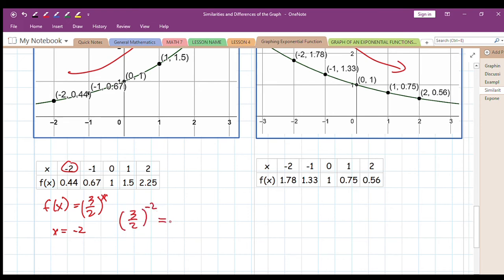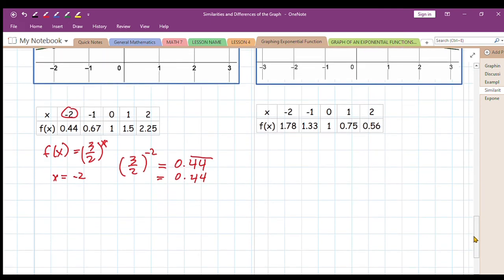And the value of that will be 0.44 repeating, or we have this vinculum here, or we can also write this one as 0.44. So meron tayong 0.44 here. And also we have negative 1.